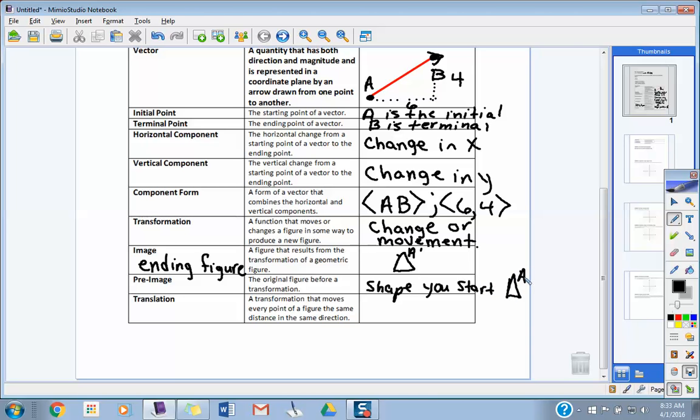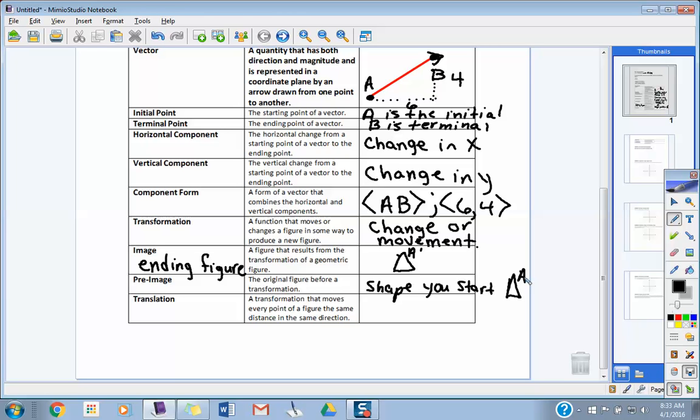Okay? I'll always know that a figure is an image if they have these little apostrophes by the vertex of each label. Anything that has an apostrophe, we call this A prime. Okay? Anything without the primes is the original figure. Anything with the primes in the labels will be an image to what we started with.